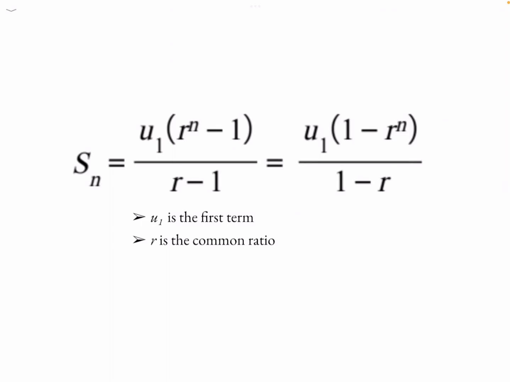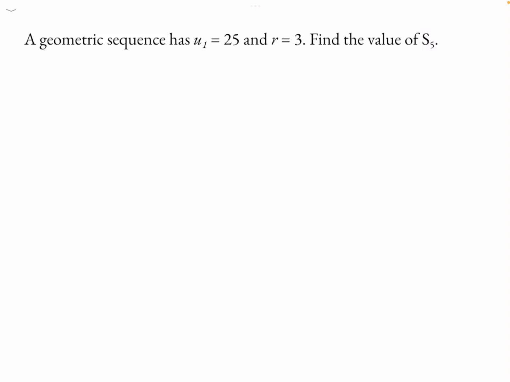Now, let's apply this to a simple question to get a better understanding. A geometric sequence has u1 equal to 25 and r equal to 3. Find the value of S5. So here, since r is greater than 1, we'll use the first formula, which is this.